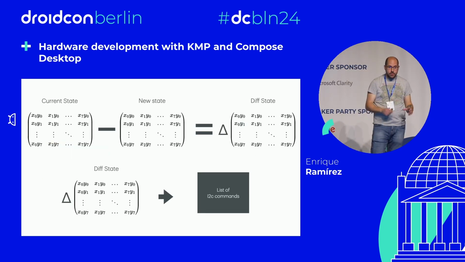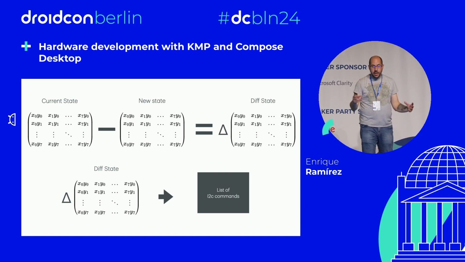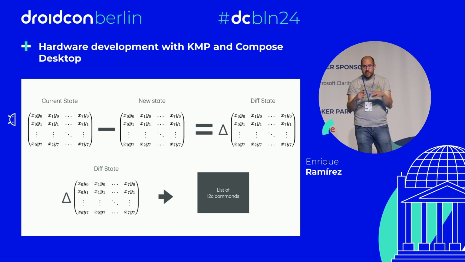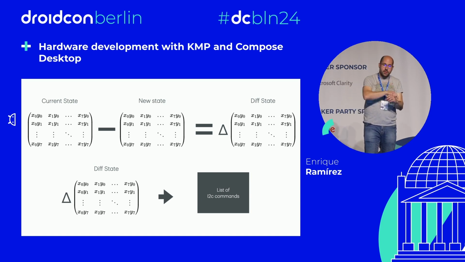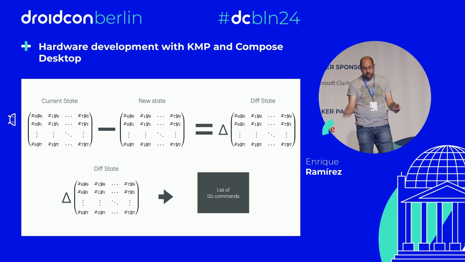Then what we have to do is, because this chip keeps a state, calculate the difference between the states, the current one and the new one. We diff the new one, and then we get the new diff state, and that gets translated into the list of commands that we send. We are very efficient there. Imagine there's like a list, like a recycler view kind of thing with different things.